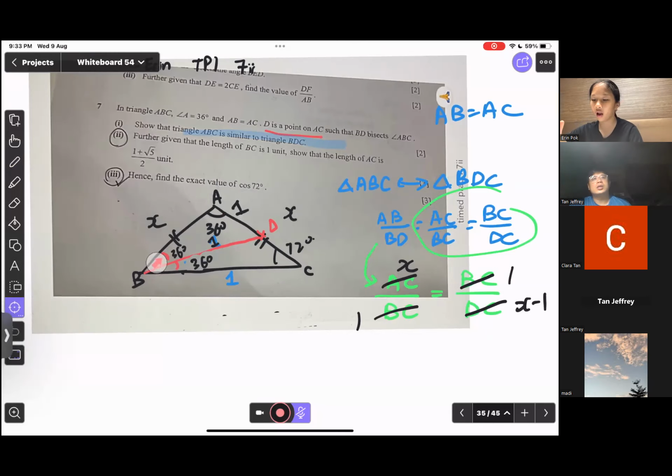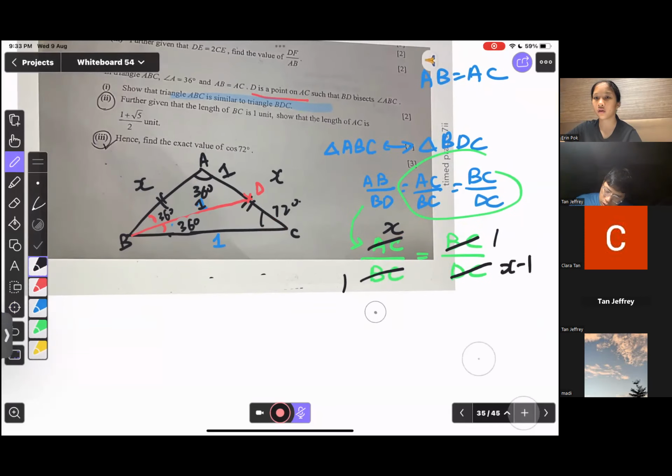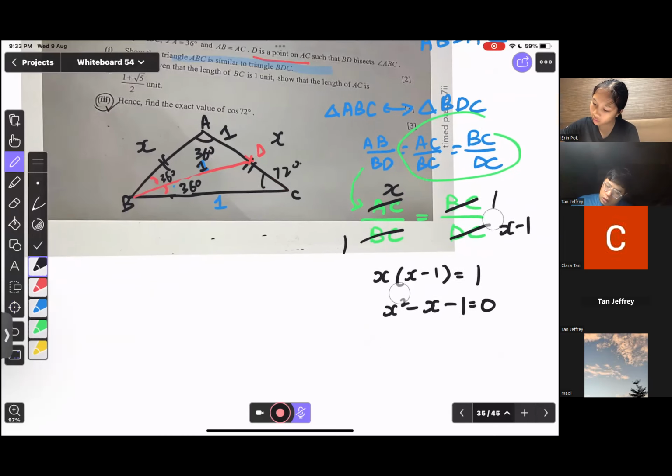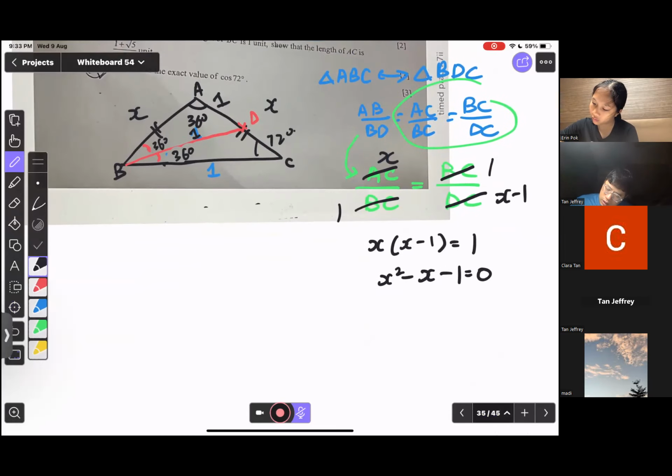Oh, yeah. So that's why it's X minus 1. And from here, you can do a quadratic equation. X squared minus X minus 1 equals 0. Then you use the quadratic formula.